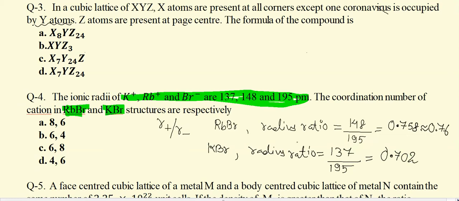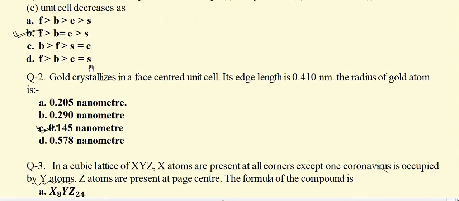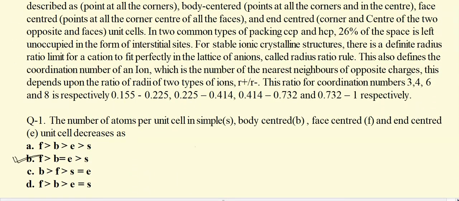In the comprehension this thing has been mentioned, so let's directly check this from the comprehension. At the bottom part they have related the coordination number directly with the radius ratios. Let's see in which range our coordination number is coming.